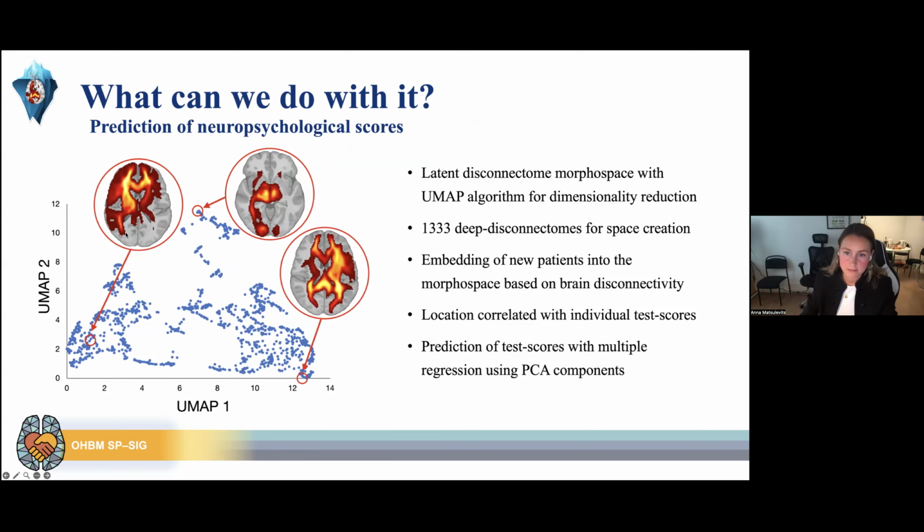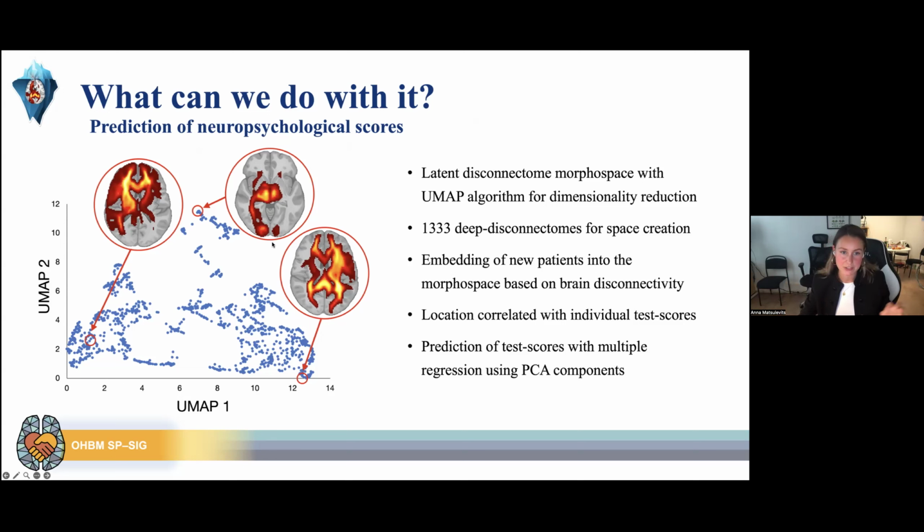In this 2D latent morphospace, each of those little dots is one of the 1,333 deep discos. In that space, similar disconnectivity profiles are clustered closer together, and if there's a very dissimilar lesion that leads to a dissimilar disconnectivity profile, those profiles will be further apart in the space.